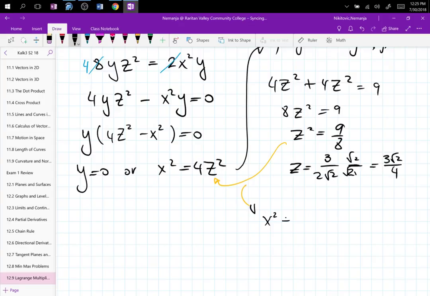It gives me x squared is equal to times 9 over 8, perfect. And that's going to be, these guys cancel, so that's 9 halves. So x would be 3 over root 2, which is 3 root 2 over 2. Perfect. So we have x, I have my y, I have my z, so 4 points again.